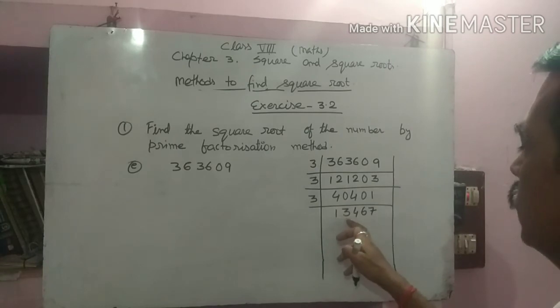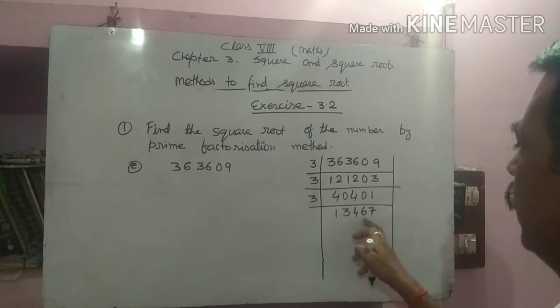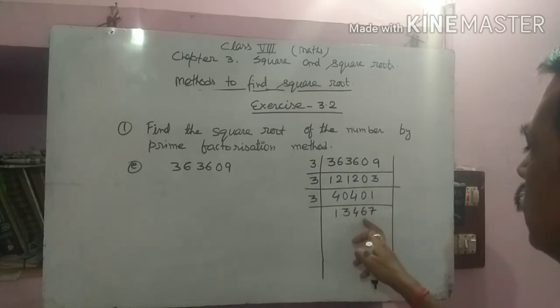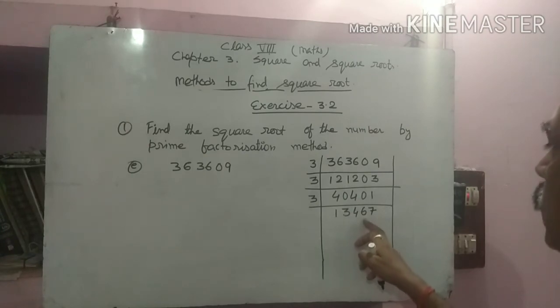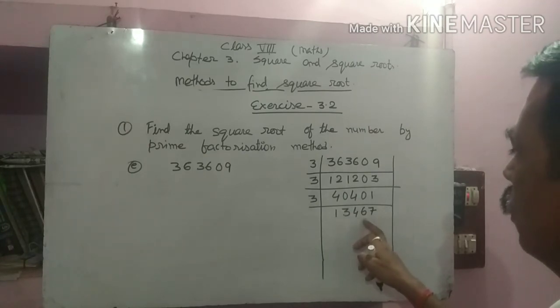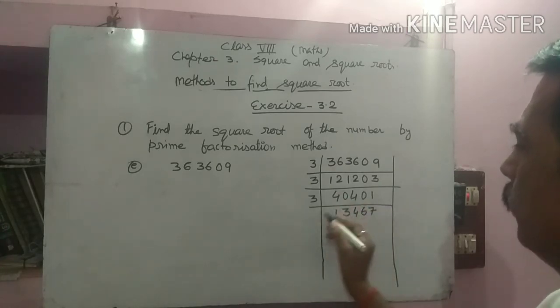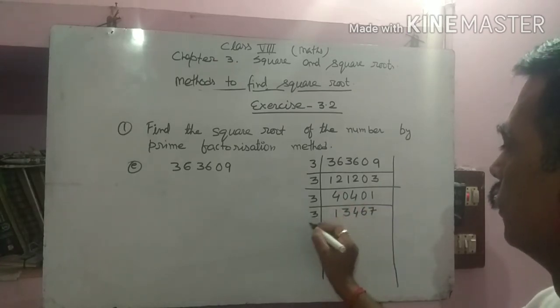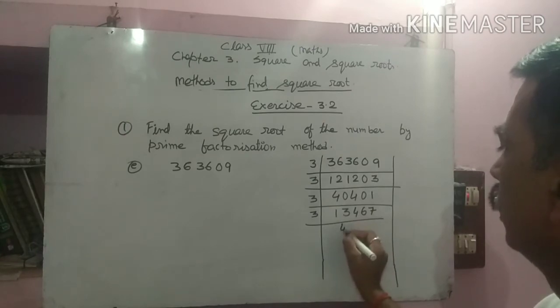Then 1 plus 3 is 4, 4 plus 4 is 8, 8 plus 6 is 14, 14 plus 7 is 21. So 21 is divisible by 3, so this number is also divisible by 3.